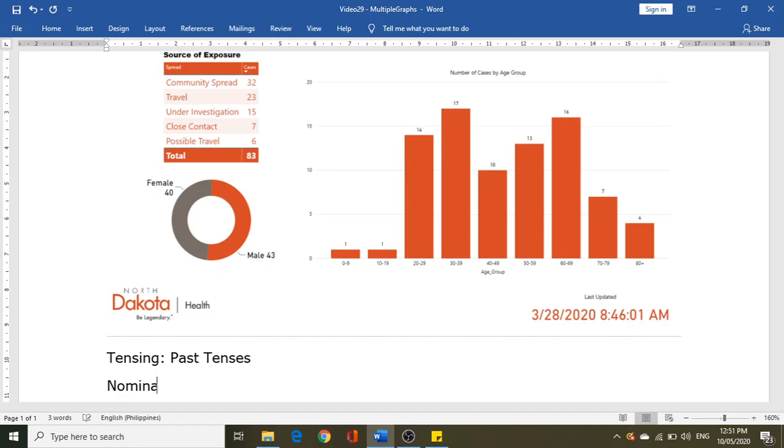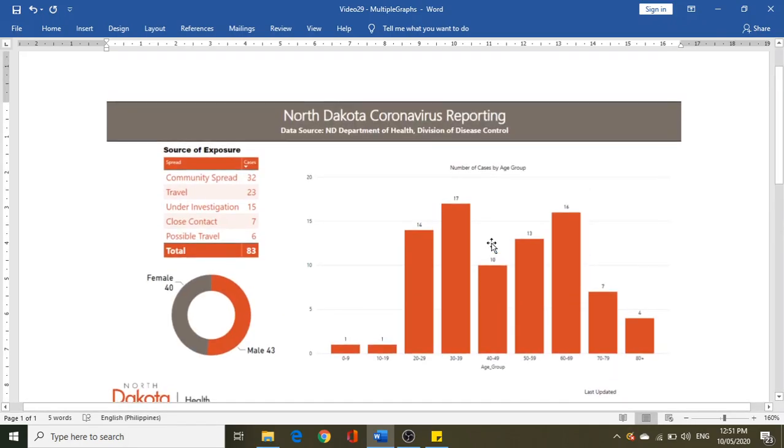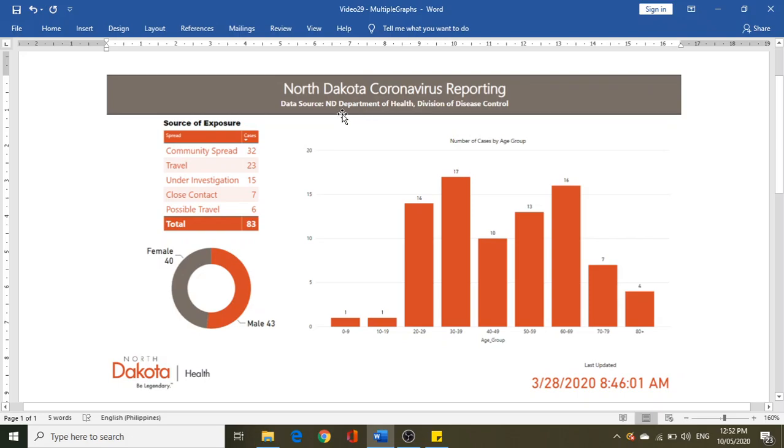Okay, let's go into the nominal traps. Let's look at the graph more closely. The data source is the North Dakota Department of Health, Division of Disease Control. In this bar graph, what we can see are the age groups, the number of cases affected by age group.